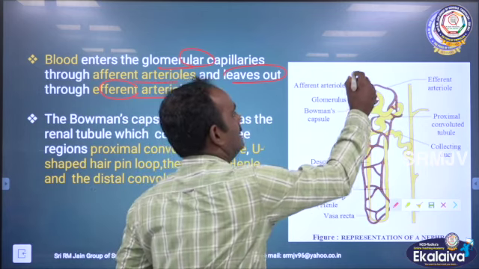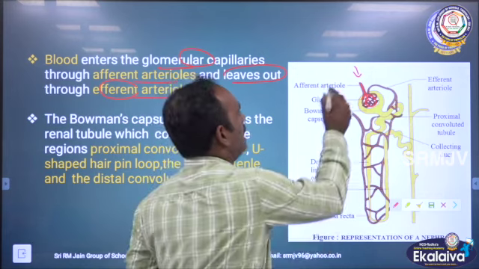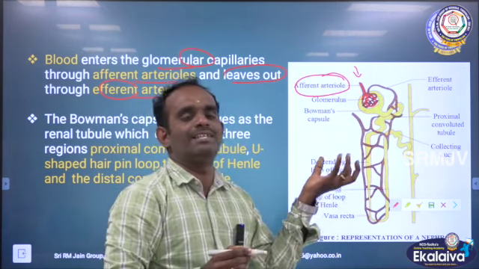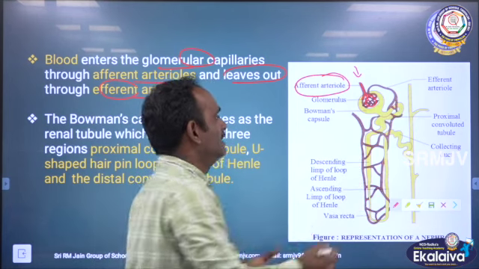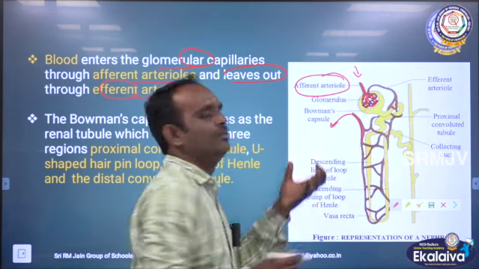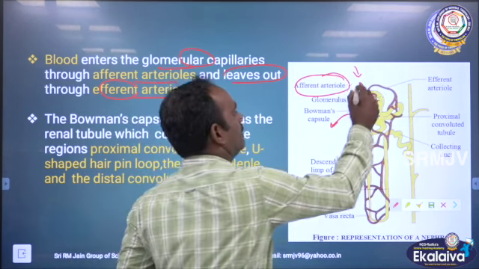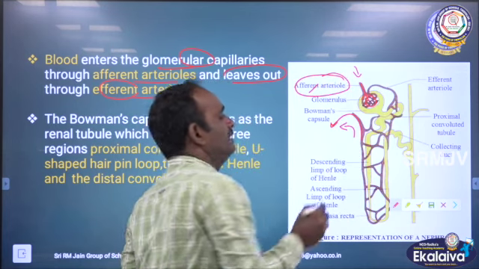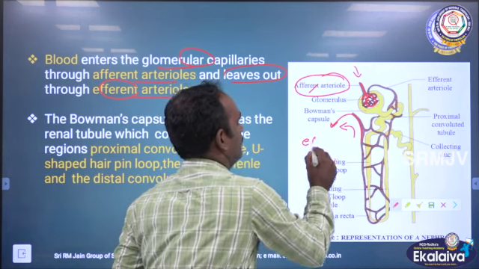So, blood enters into the glomerulus through afferent arterioles, and there filtration takes place, absorption takes place, reabsorption takes place. And then blood leaves the glomerulus through efferent arterioles. So, to the glomerulus it is afferent, and from the glomerulus it is efferent.